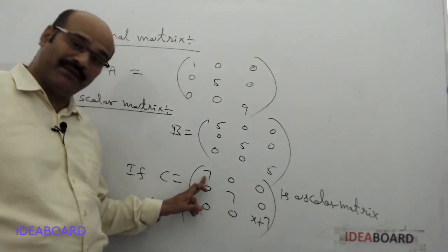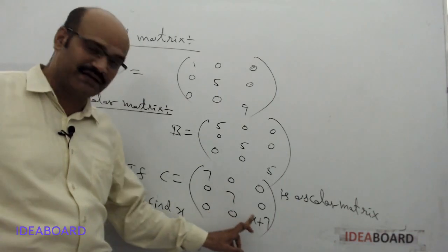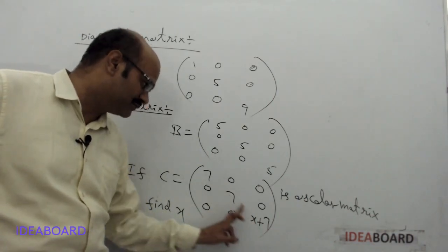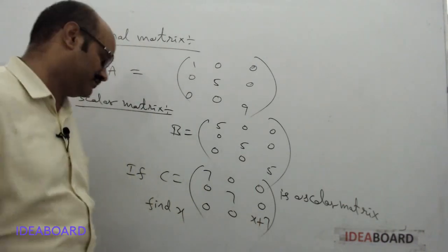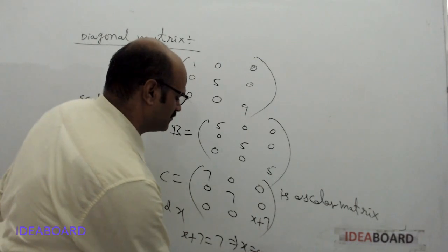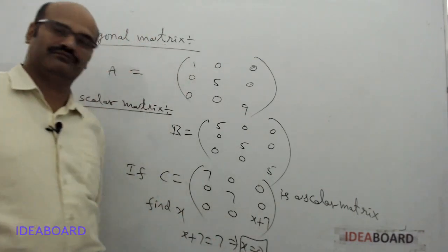The definition of a scalar matrix is all the principal diagonal elements are equal. So here we have to take x plus 7 equal to 7. It implies x equal to 0.